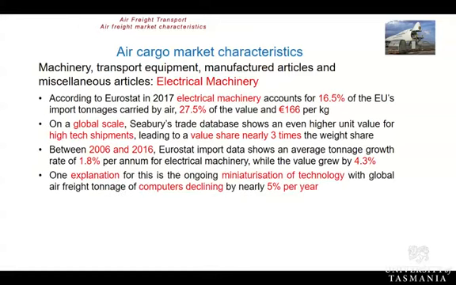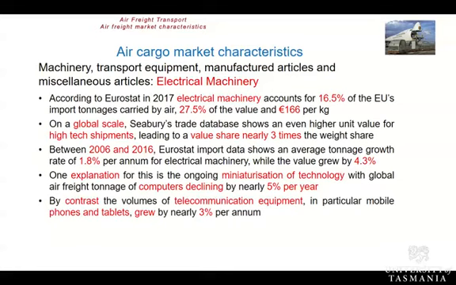And one of the explanations for this is the miniaturisation of technology. And this is more about the fact that the technology that we're carrying around is moving away from computers, and it's moving more to tablets and also mobile phones, with the tonnage of computers declining by about 5% a year. And this is a global statistic.